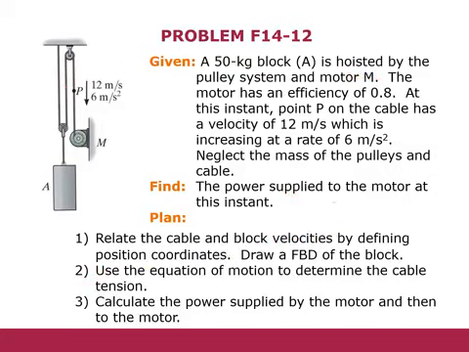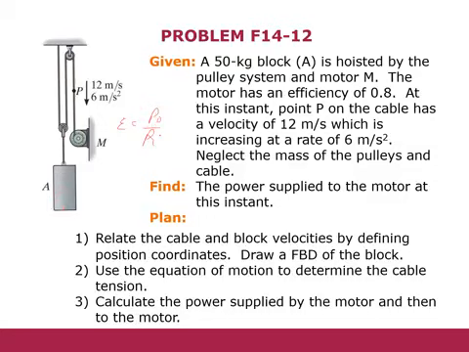So we know that efficiency is equal to the power output to the power input. In order to determine this supplied power, we first have to calculate the output power, right?